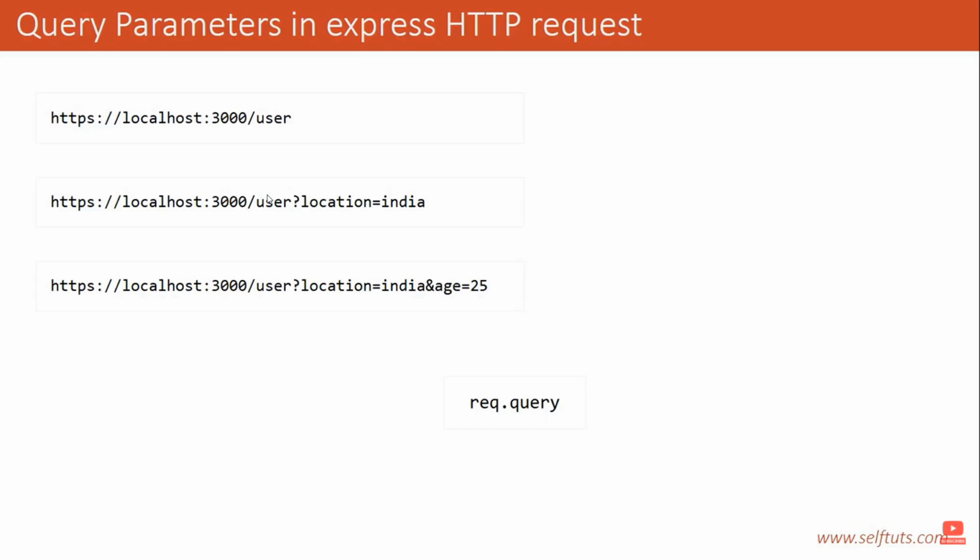Now suppose you want to send some data with this request, like we want to find the users for a particular location, or the users of a particular age. So how to do that?